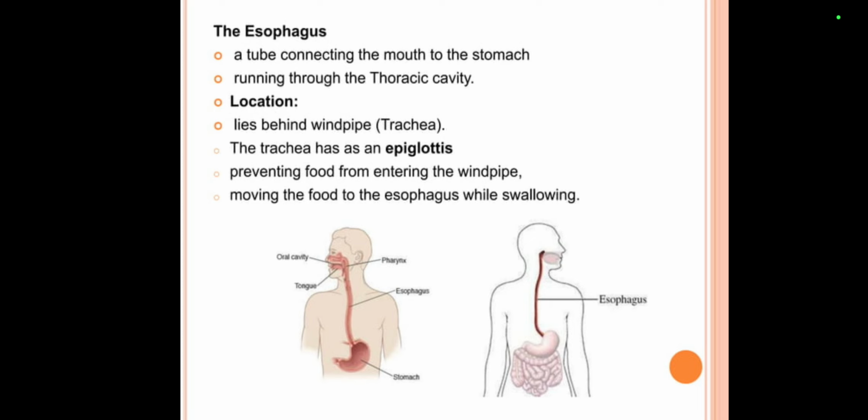So the esophagus is the organ that food travels through, like a tube lining from your pharynx to your stomach. That is a tube and that is called the esophagus.